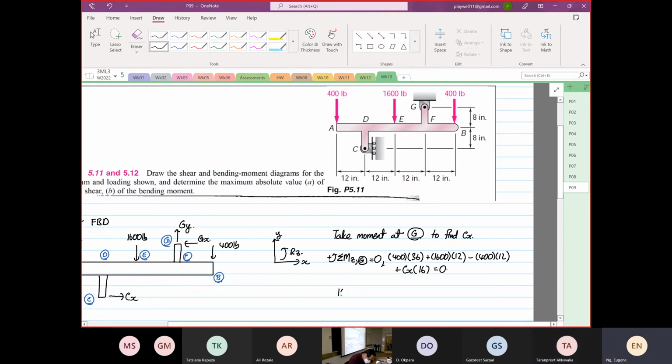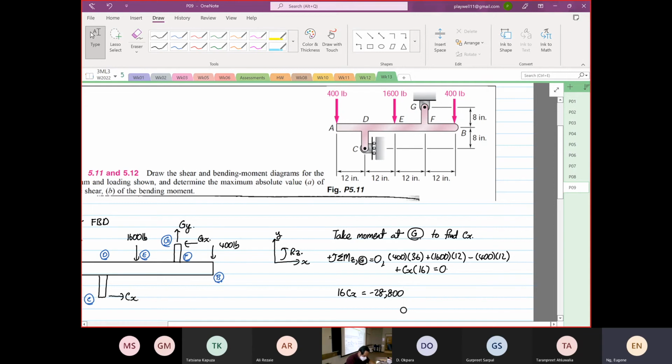So 16 Cx is equal to 400 times 36 plus 1600 times 12 minus 400 times 12. So it's minus 28800.